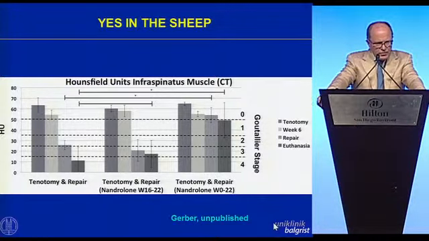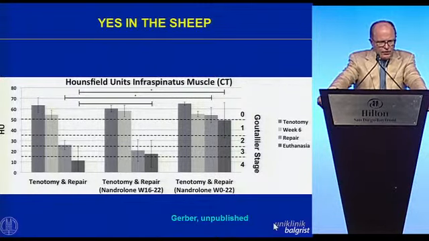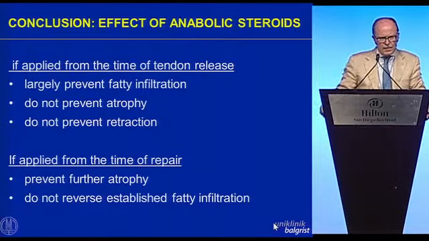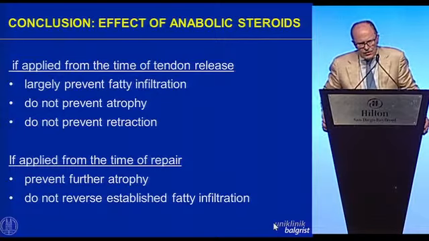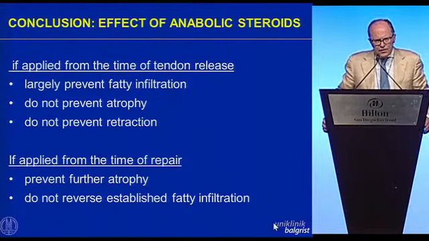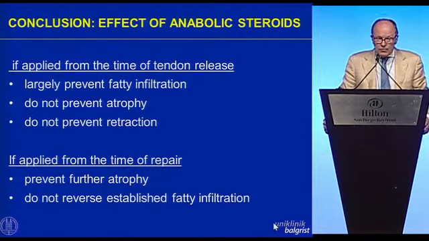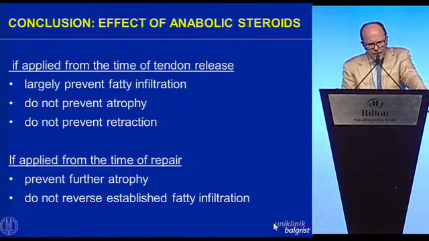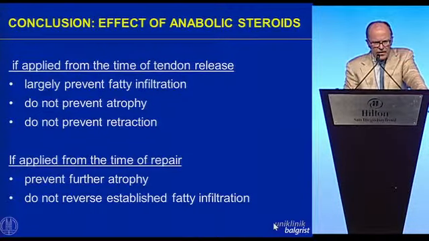We can show that retraction is associated with downregulation of the receptor for anabolic steroids, and that this can recover. So if applied from the time of tendon release, the anabolic steroids can prevent fatty infiltration, and that may become interesting. They do not prevent atrophy, interestingly, and they do not prevent retraction. If they're applied at the time of repair, they prevent further atrophy, but they do not reverse established fatty infiltration.